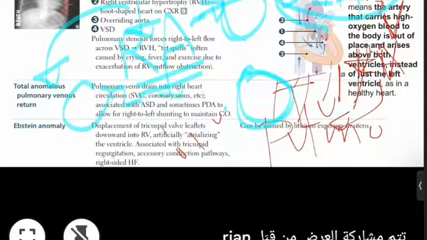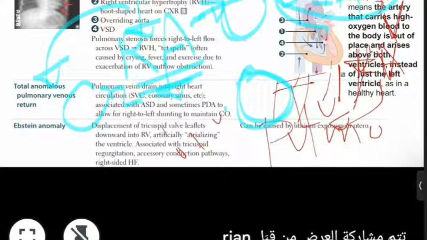So the oxygenated blood comes from the pulmonary vein to the right atrium, from the right atrium to the right ventricle, and it needs a defect to go from the right ventricle to the left ventricle, so the left ventricle can push this oxygenated blood to the aorta and so to the tissues of the body.